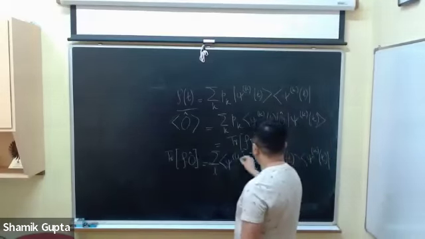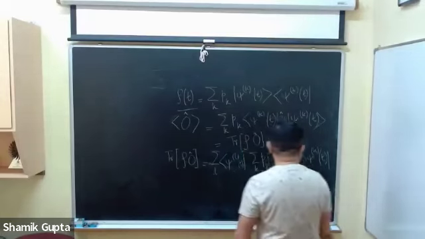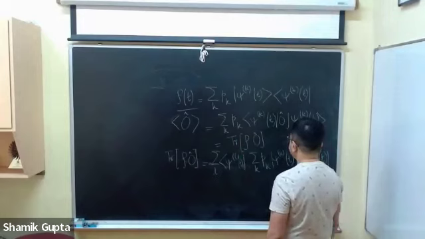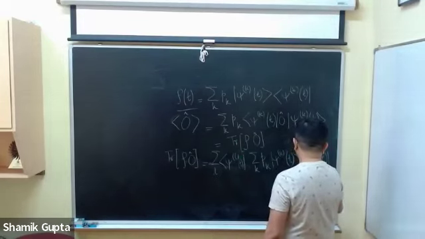This is my rho, this is my trace, and then there is an O here, and then this is psi L t.